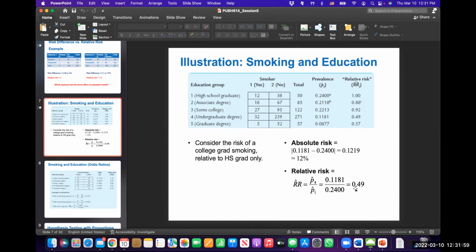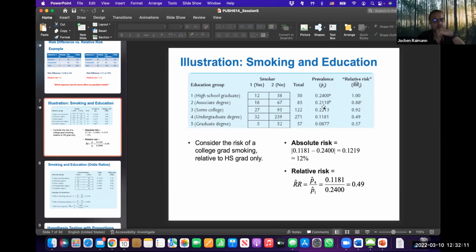If they had asked to consider the risk of a college grad compared to an associate degree, then your reference group would be the second group. Exactly. So if you want to reference it to an associate degree, you take a graduate degree divided by associate degree.